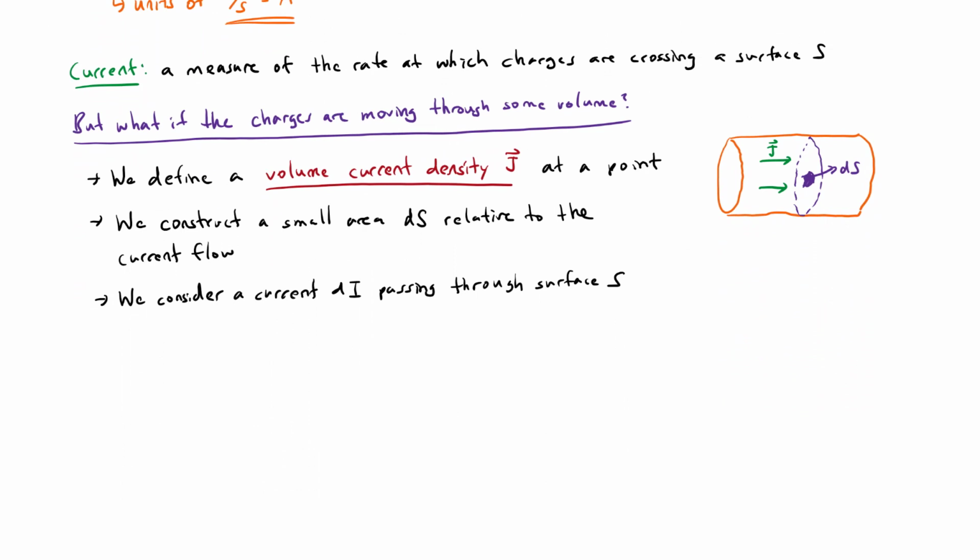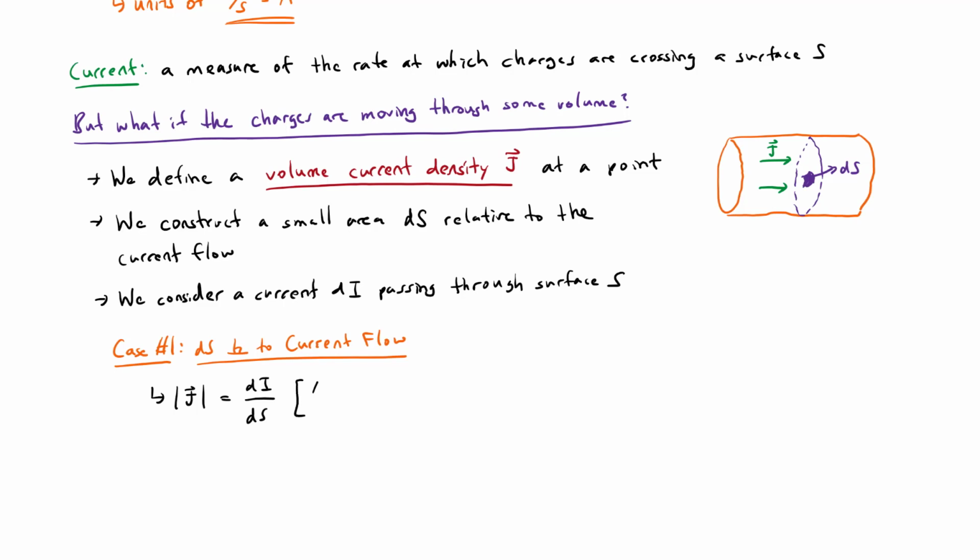So there are essentially two cases we have to look at. Case number one: we look at what happens when ds is exactly perpendicular to the current flow. If ds is exactly perpendicular to the current flow, then the magnitude of the volume current density at a point is going to be equal to the amount of current that passes through some sort of surface area.